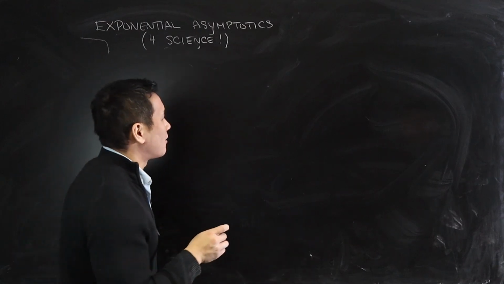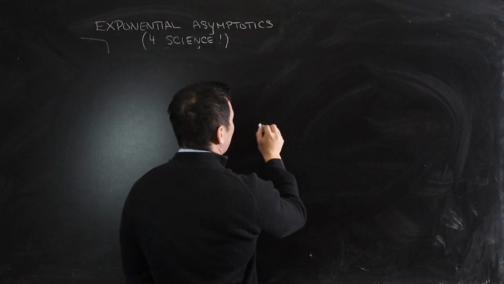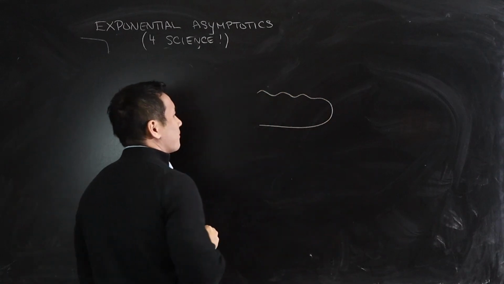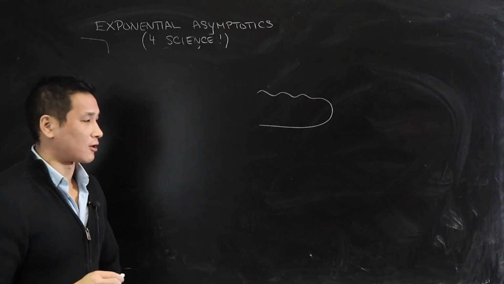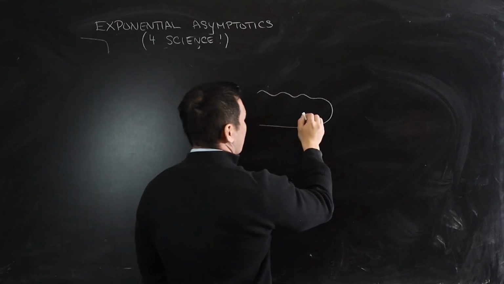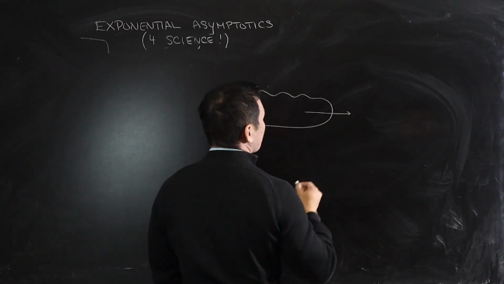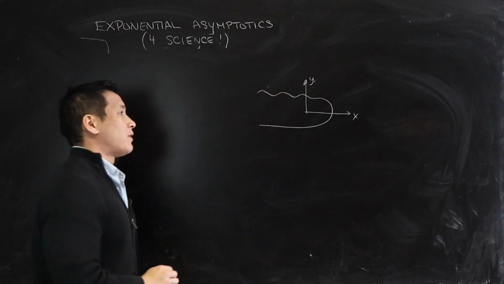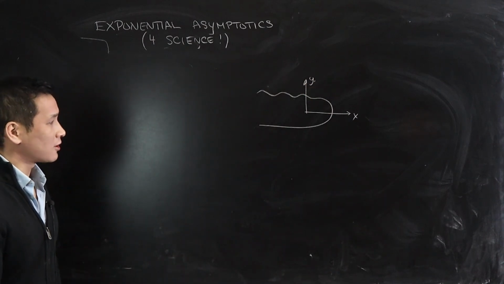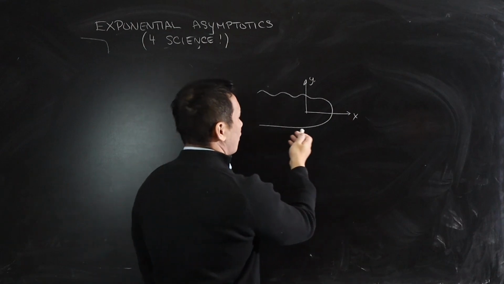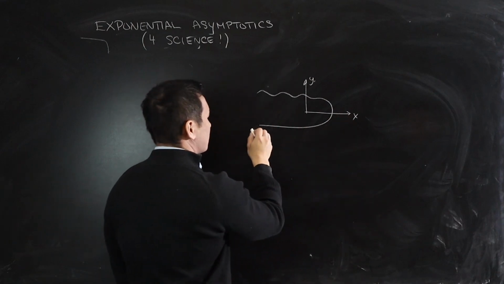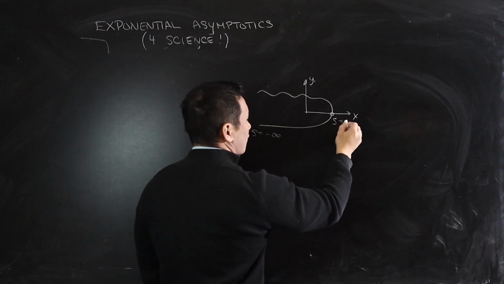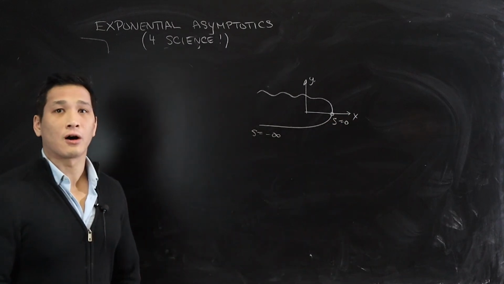The first comment is that if you were to interpret the solution in our exponential asymptotics in the way that we've done it here, then our exponential asymptotics are saying that if you were to move along from s equal to minus infinity, as you cross s equal to 0 here, you're necessarily switching on this exponential.